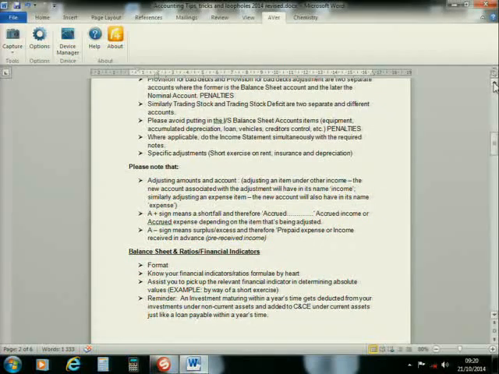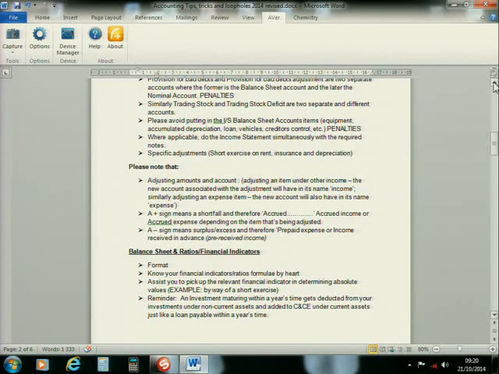Like all other financial statements, it is also important that you understand and know the format of the balance sheet. That's the only way. And over and above that, as I've said I'll couple this with a ratio analysis, it is important that you know your financial indicators or ratio formulas by heart. Why is it important to know them by heart?